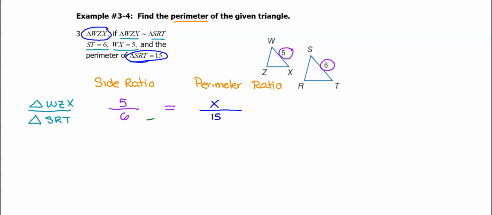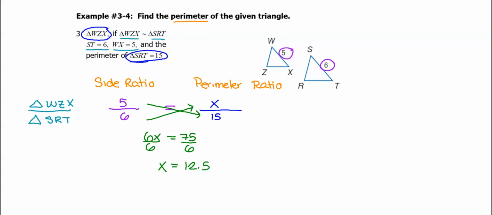So now I'm in a situation where I can just cross multiply to solve it. I get 6x when I cross multiply that way, and I get 75 when I cross multiply. Get rid of the fractions. Now I'm going to divide by 6, and I get x equals 12.5.